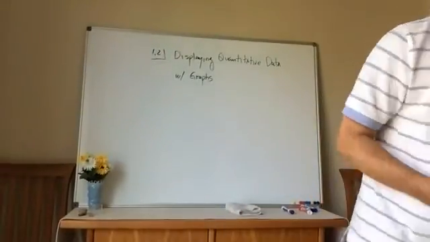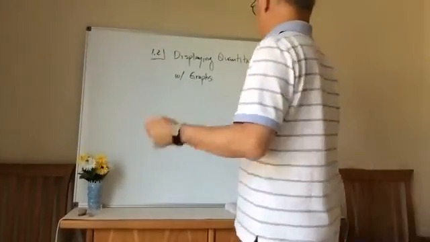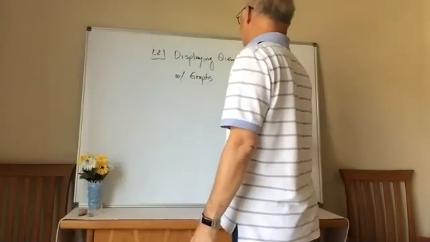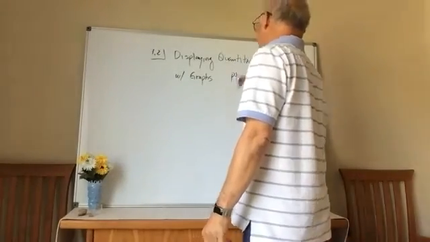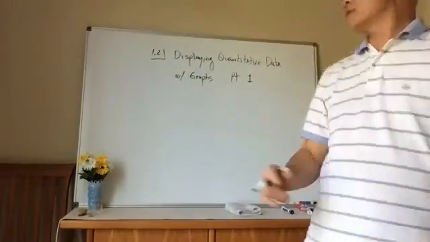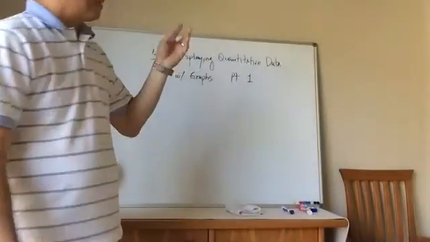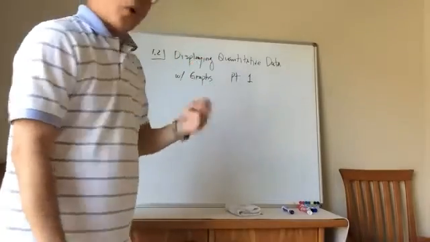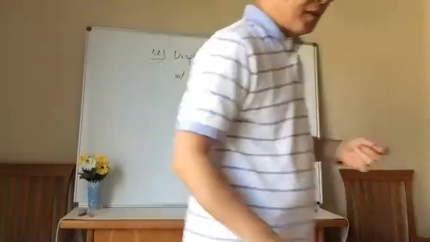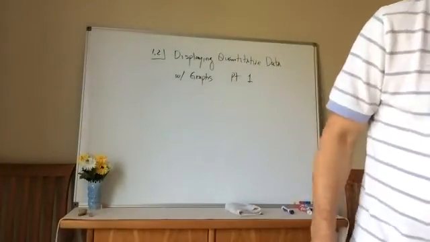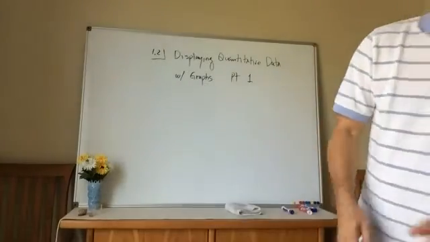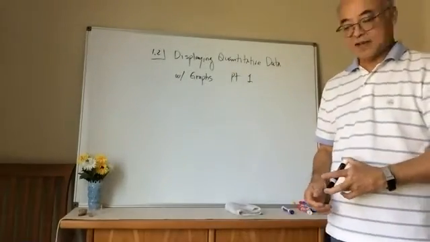So 1.2, we're going to talk about displaying quantitative data with graphs. We'll call this part 1. Earlier in 1.1, we talked about how to display categorical data. How do we do that?